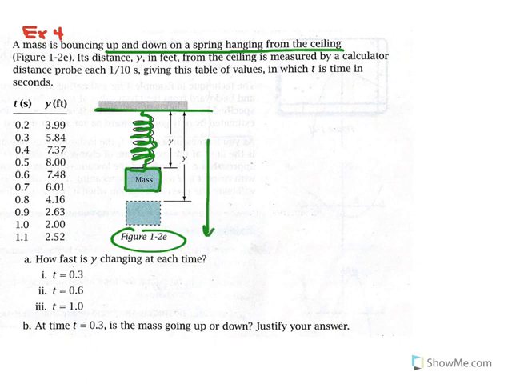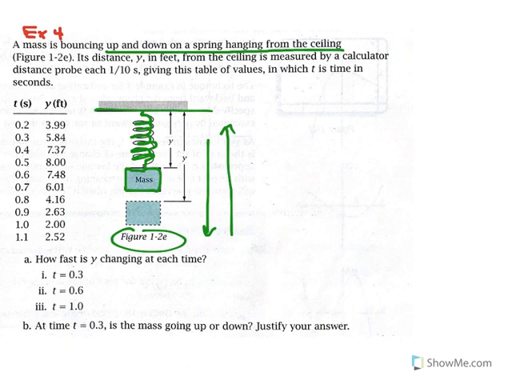So the distance of the mass from the ceiling is increasing as the mass is going down, and decreasing as the mass is going back up. Its distance y in feet from the ceiling is measured by a calculator distance probe each 1/10 of a second, giving this table of values in which t is time in seconds.